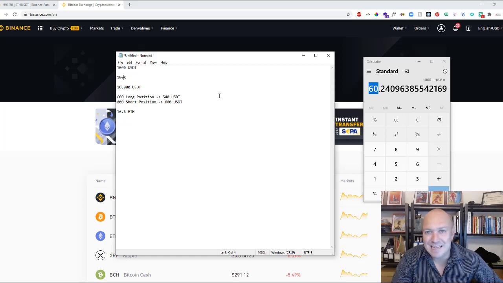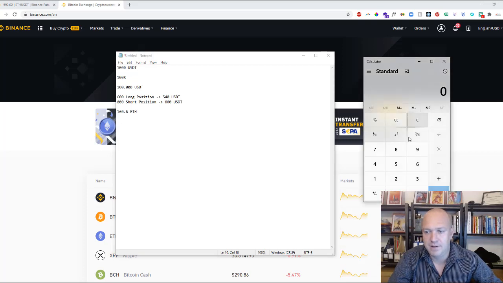Now they also have up to 125 times your margin. That's risky, right? Because same concept. Now I can buy 100,000 worth of Ethereum, meaning I have 160 Ethereum.